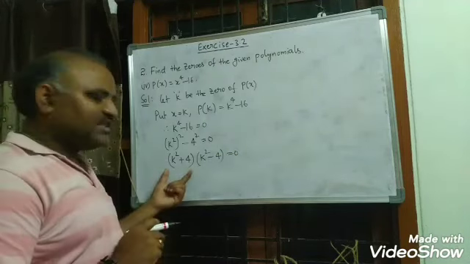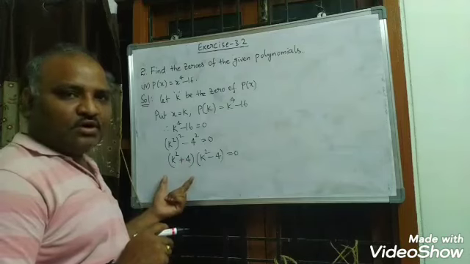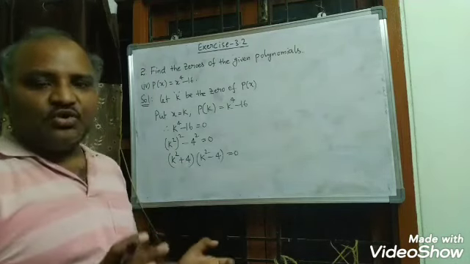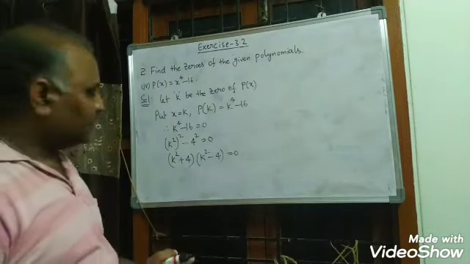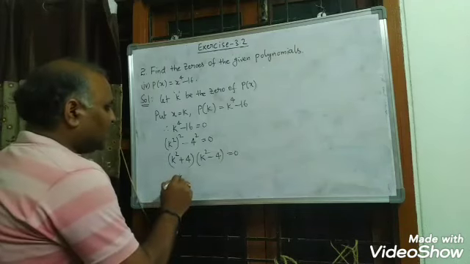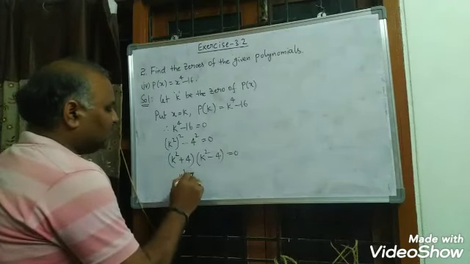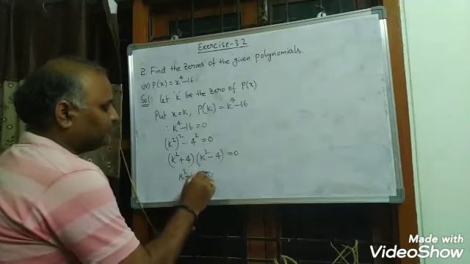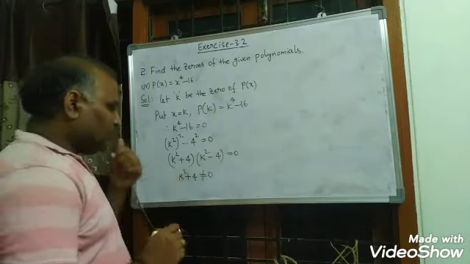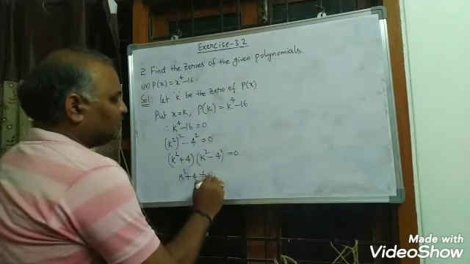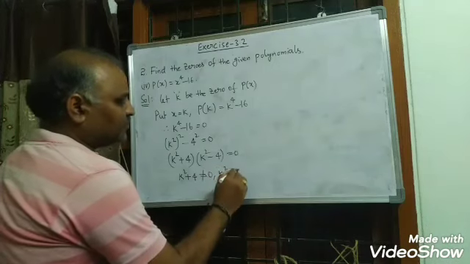Here we can see clearly that k square plus 4 can't be equal to 0 for any real value of k. That's why we can equate only k square minus 4 to 0.